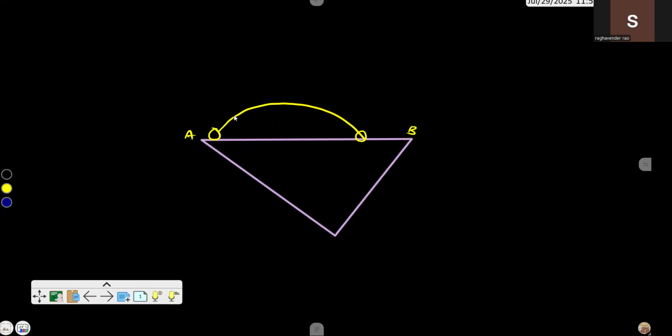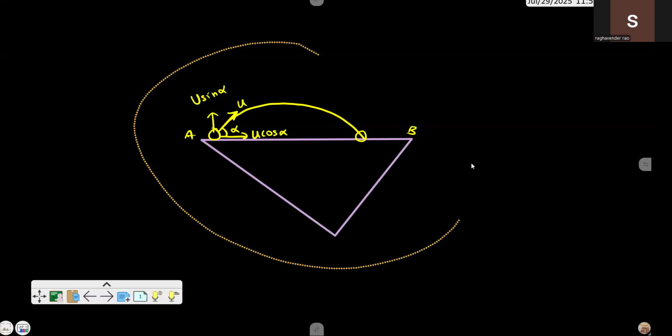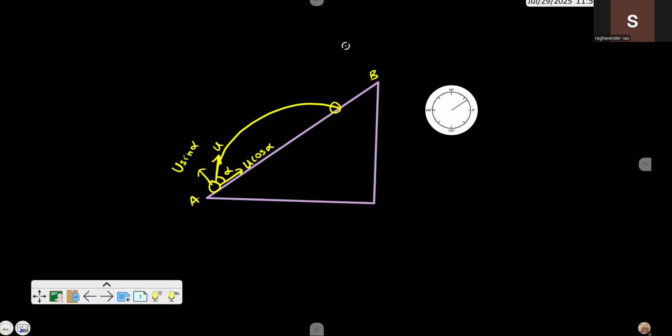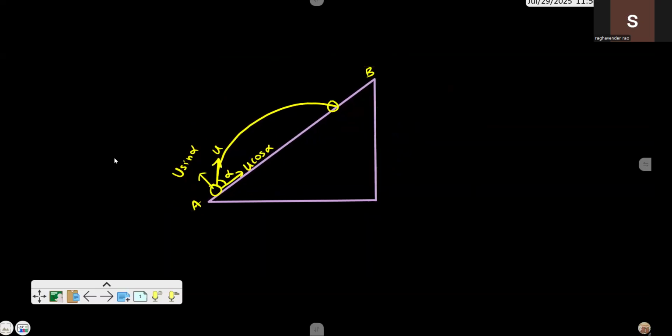If the velocity in this direction is u and this angle is, let us assume, alpha, the initial velocity along the incline would be u cos alpha and the perpendicular velocity would be u sin alpha. So the velocity will be broken into two components, u cos alpha and u sin alpha, and this angle, let us assume, is theta.